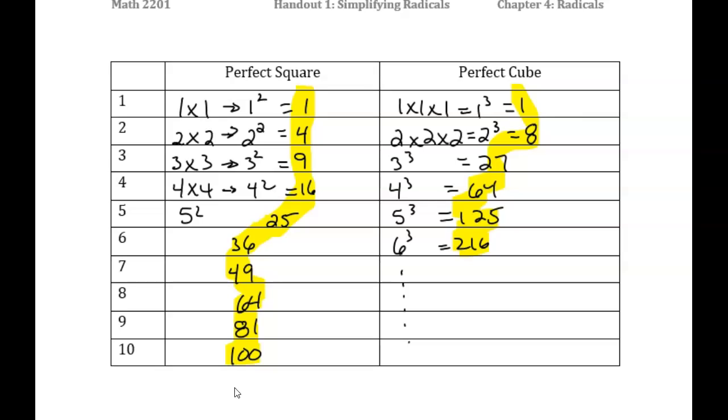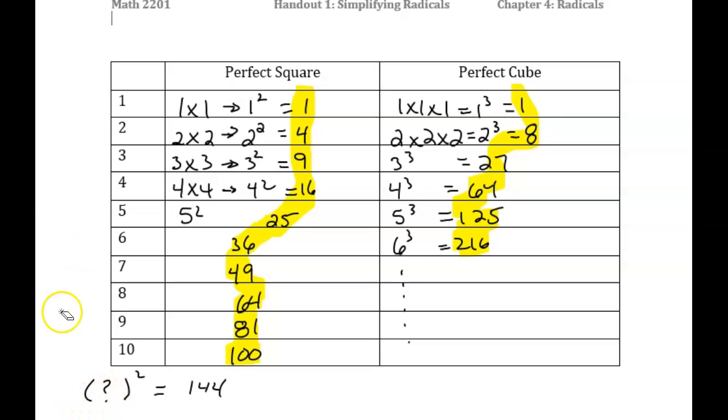Alright, once you have an understanding of what perfect squares and perfect cubes are, you also need to know how to reverse the process. And what I mean by that, if you had a number, I'll just pick the number 144, and I asked you what number was squared in order to give you 144. So go back here, and I'm asking you what number is squared to give you 144.